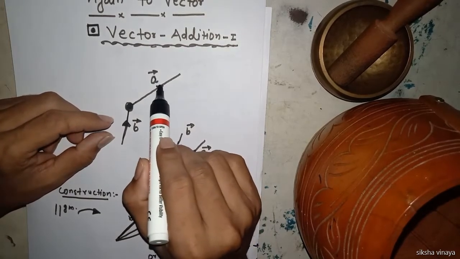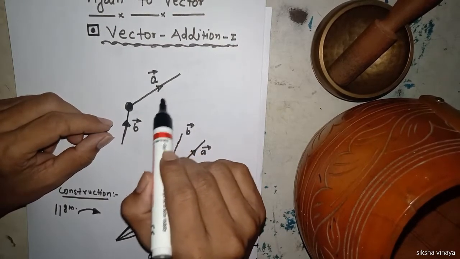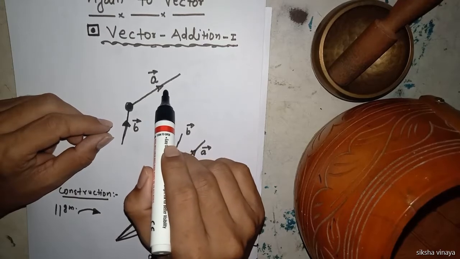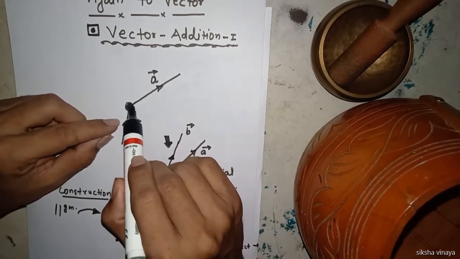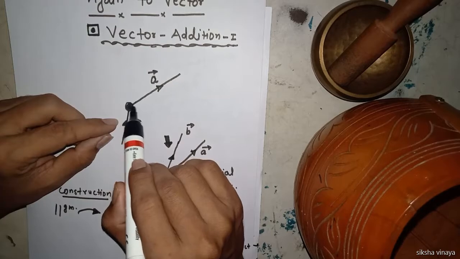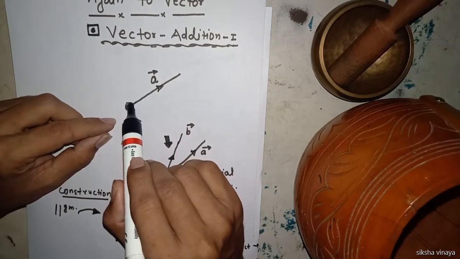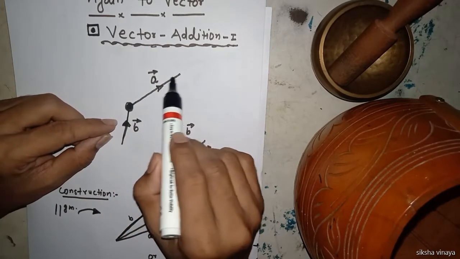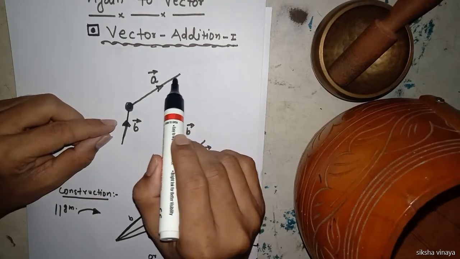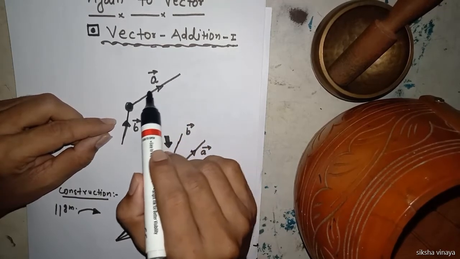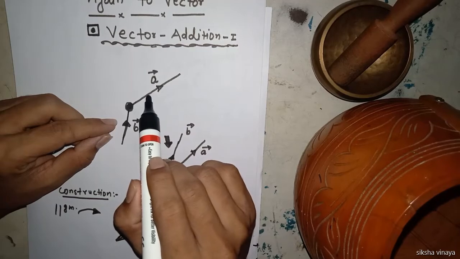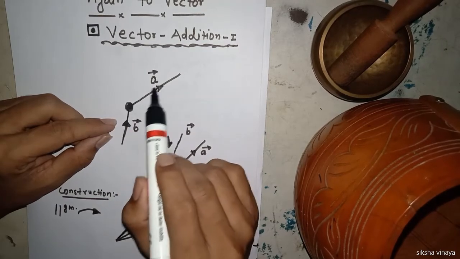Here the arrow represents the head of the vector, and the initial point represents the tail of the vector. So in a vector, the head is on the arrow side, and the tail is from where it originates.